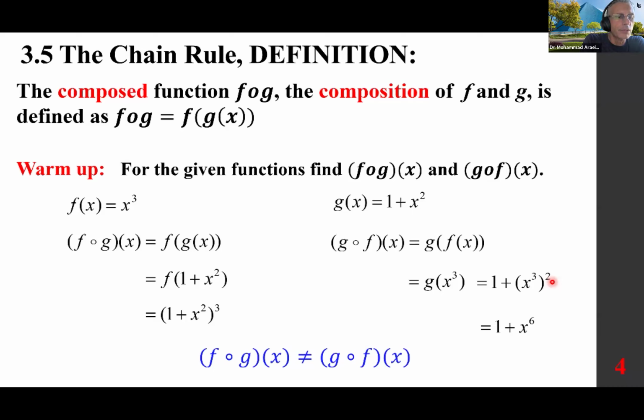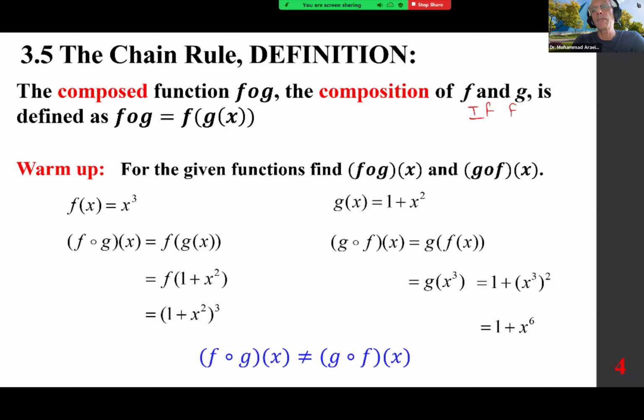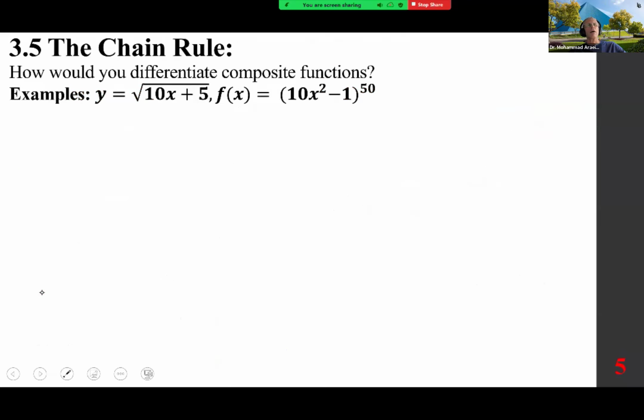Just reminding you of algebra, if f and g are inverse functions, f of g equals g of f equals x. The only time they become identical is when they are inverse functions. Otherwise, that's not the case.